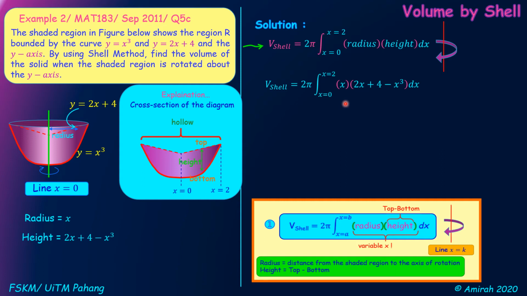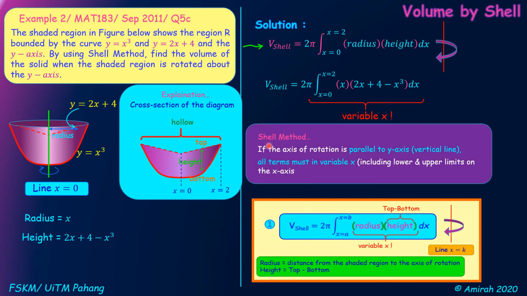It means we have substituted the radius, the height, and the lower and upper limit. From here, we need to expand and simplify. But before that, we can double check. All of these functions are in terms of variable x, because the axis of rotation is a vertical line under volume by shell.